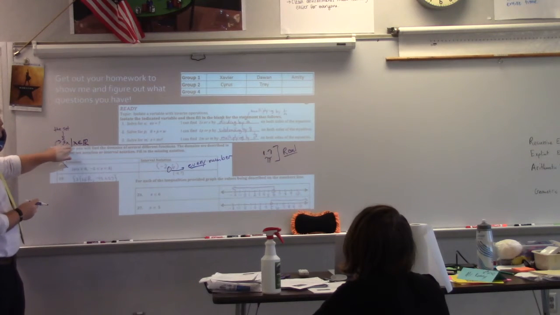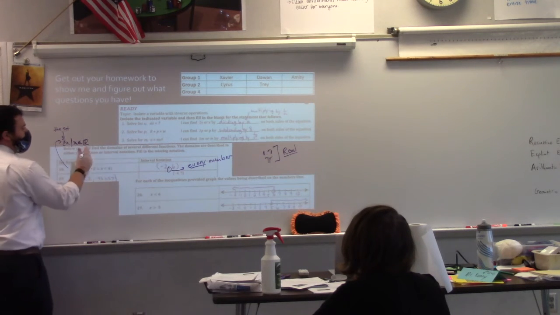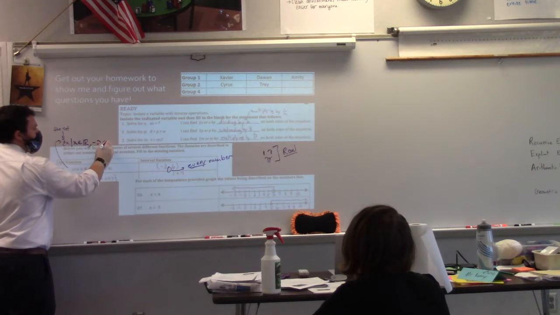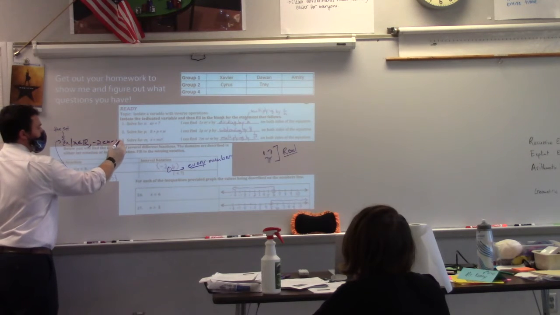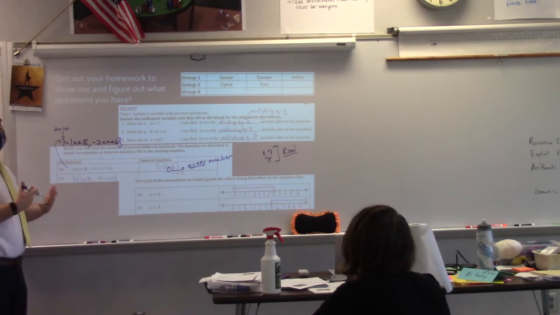So it's the set of x when x is an element of the reals. That just means x is a real number. That's it. And then you define what real numbers it is: -2 is less than x is less than 6. End of that set. That's how you read it.